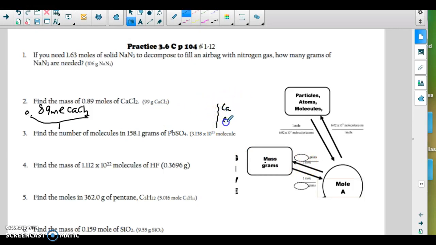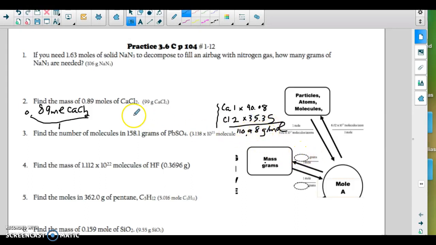In molar mass, I think you guys are getting good at these. So you just have to count each type of atom, look on the periodic table, and then we add these up. So when I do add these, I get 110.98 grams per mole. So I'm going to use that now right here because I'm trying to go to grams.